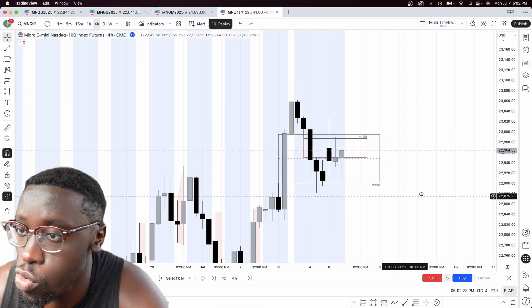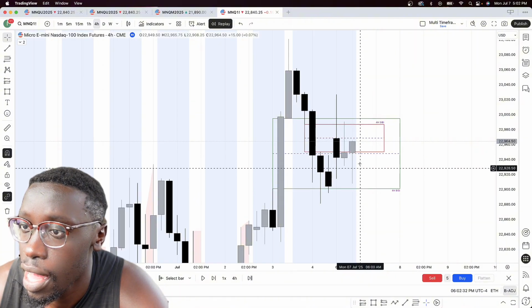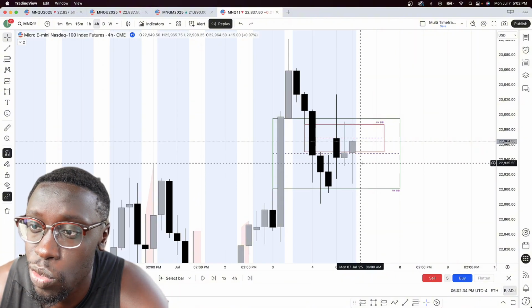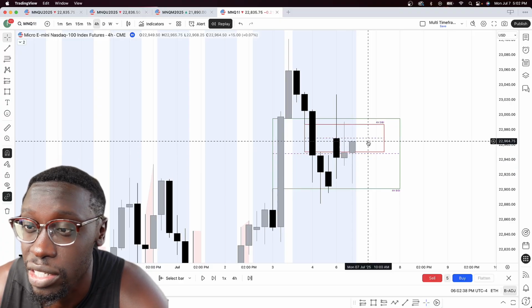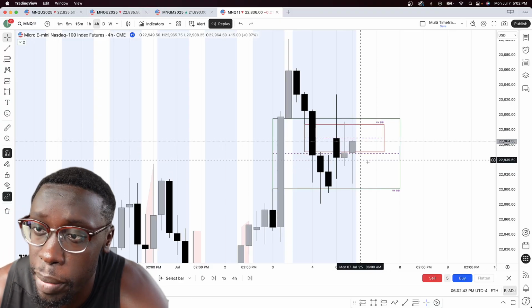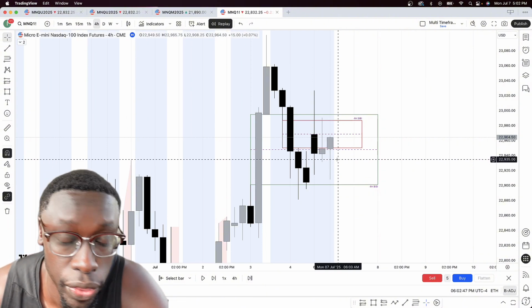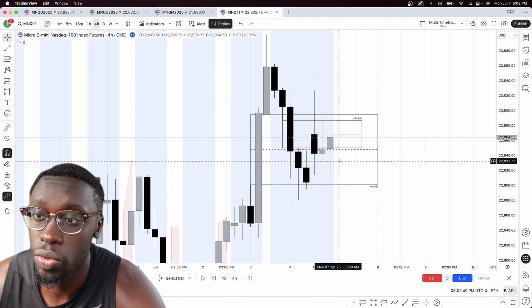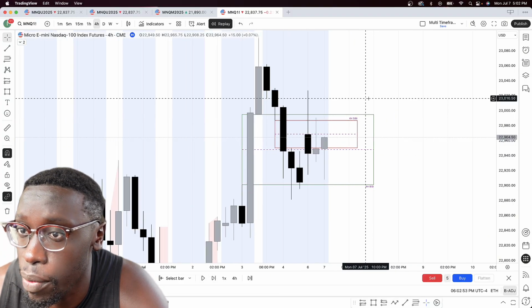So we kind of had two valid fair value gaps, which generally when this is the case, it's very difficult to have great confidence in either direction unless there's additional confluences that you're using. So for me, going into the morning, I was potentially watching for a short or a long opportunity. I was open to either side of the market. So that is the 4-hour gaps that we had on our chart.